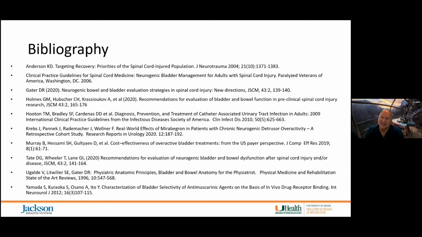If he's truly at a T8 or T10 level, he was probably still having spinal shock associated with this. And chances are that as he comes out of that, he will start to have more incontinence. So then it's a matter of managing the detrusor, either through the beta-3 agonists that we talked about and or anticholinergics.